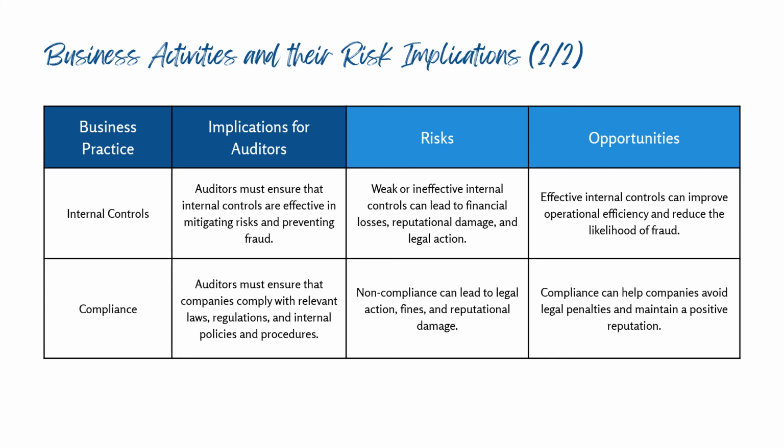However, effective internal controls can improve operational efficiency and reduce the likelihood of fraud. Kaya, tinitingnan meron tayong internal audit na as much as possible, broad din yung knowledge niya sa business and the various processes to be able to identify the relevant risks.